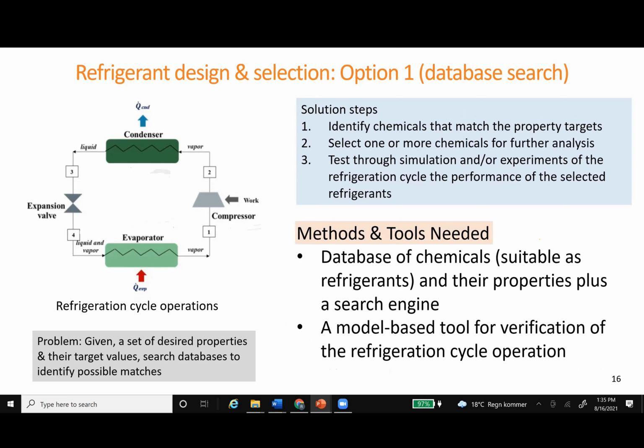So we are not interested in molecules with boiling point 400. We are interested in molecules with boiling point less than maybe 300. And then we need a model-based tool for verification if we do not have experimental facilities to check whether the refrigerant is suitable for the operation that we are interested in.